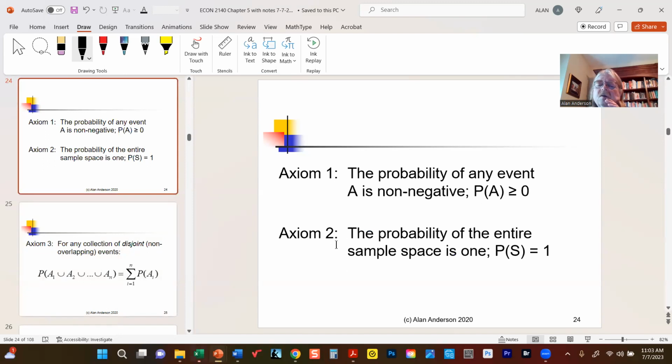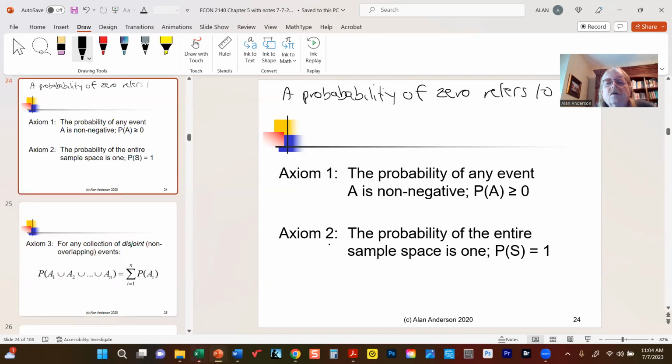First of all, probabilities are defined so that it's not possible to have a negative probability. So basically, a probability of 0 refers to what we're going to call an impossible event.